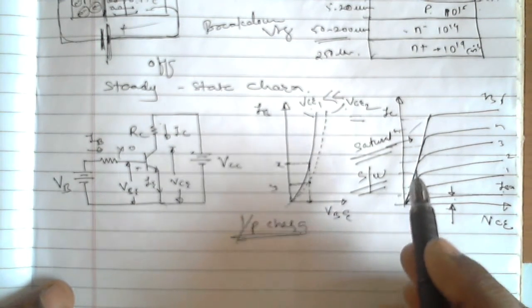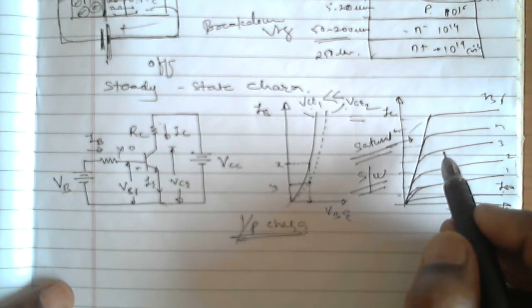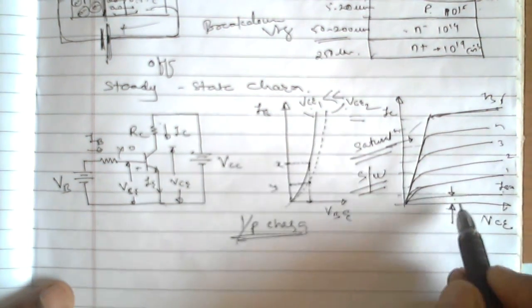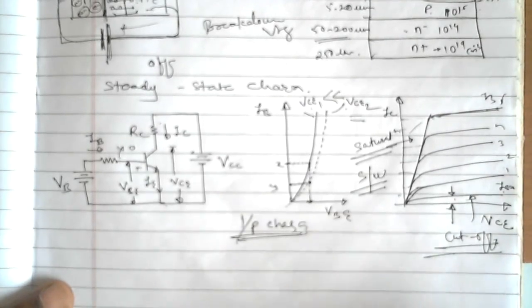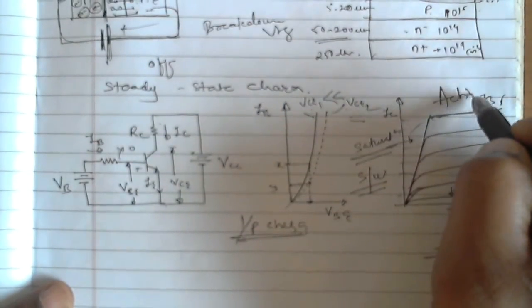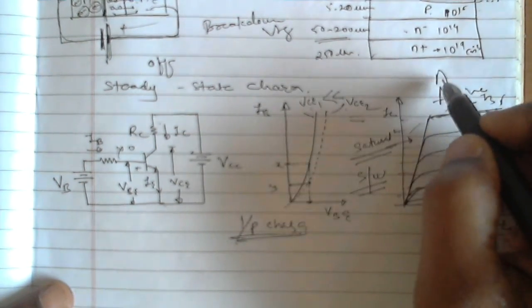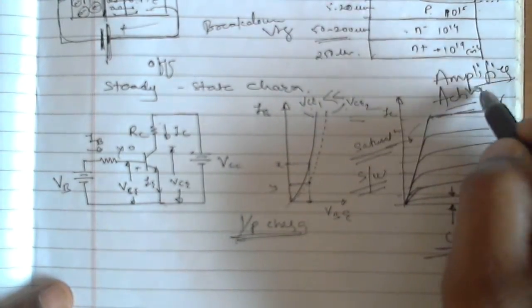Now this is the flat portion. Here, this is the cutoff region, meaning the non-conducting region, and this is the active region. In the active region, your transistor acts as an amplifier.